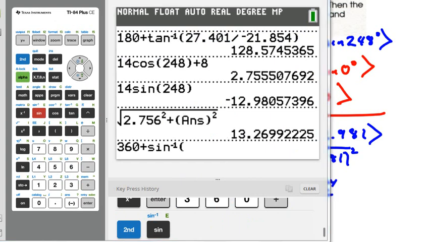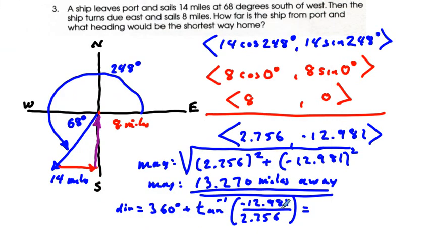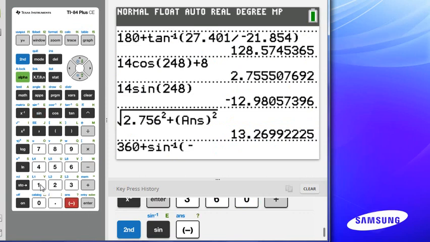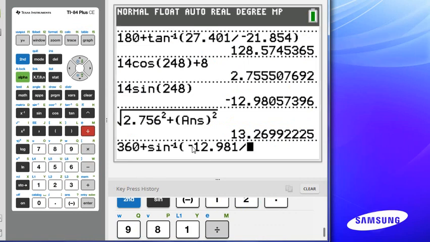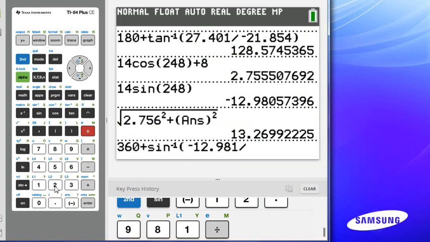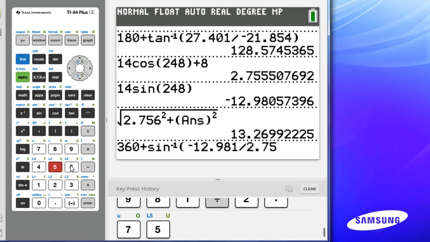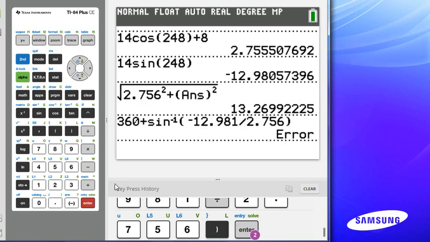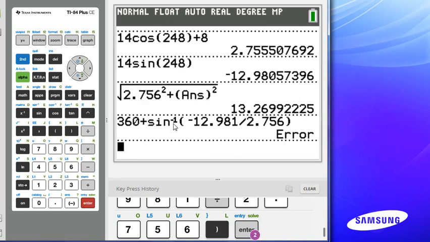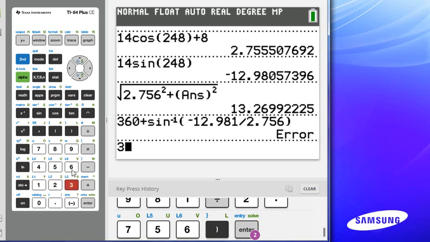Let me make sure, I don't want to get this wrong. So negative 12.981 over 2.756. And that should give it, so domain, something happened here. What did I do? Oh, inverse, I put inverse sine. Okay, let's get inverse tangent like we were supposed to.